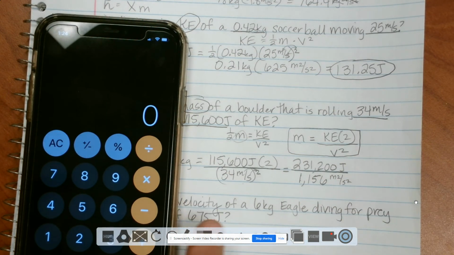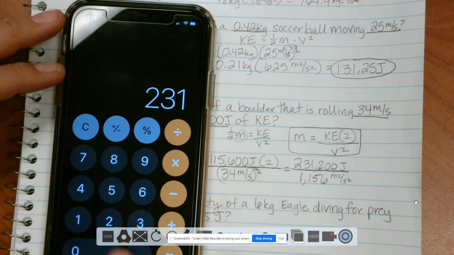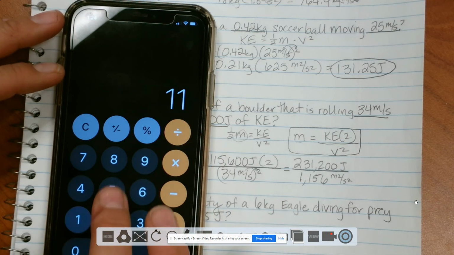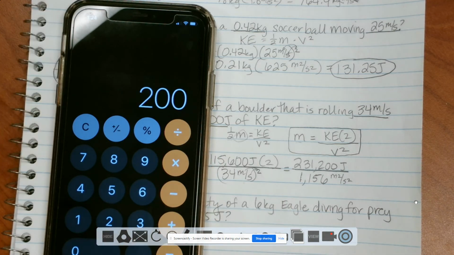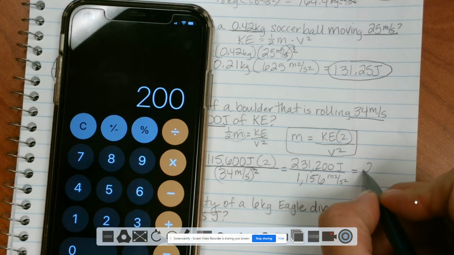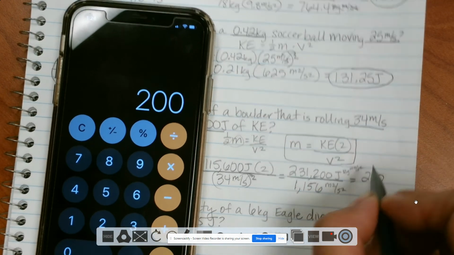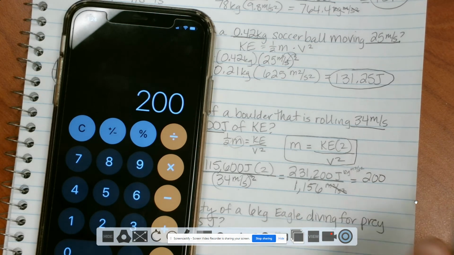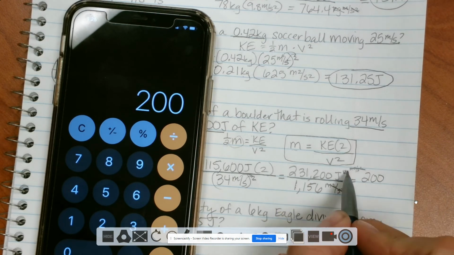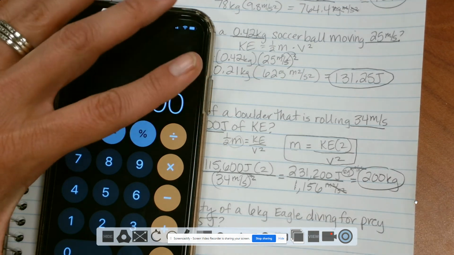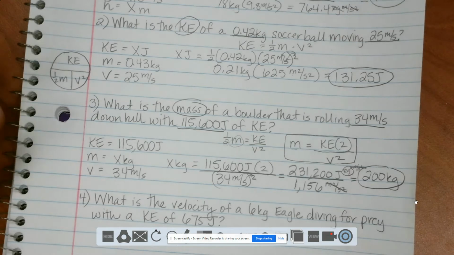So now I can divide 231,200 divided by 1,156 equals 200. So my unit, a joule, is kilograms meters squared per second squared. I have a meter squared per second squared on bottom. I have one of those on top, leaves me a kilogram. That's what I need, mass. 200 kilograms is the mass of that boulder.